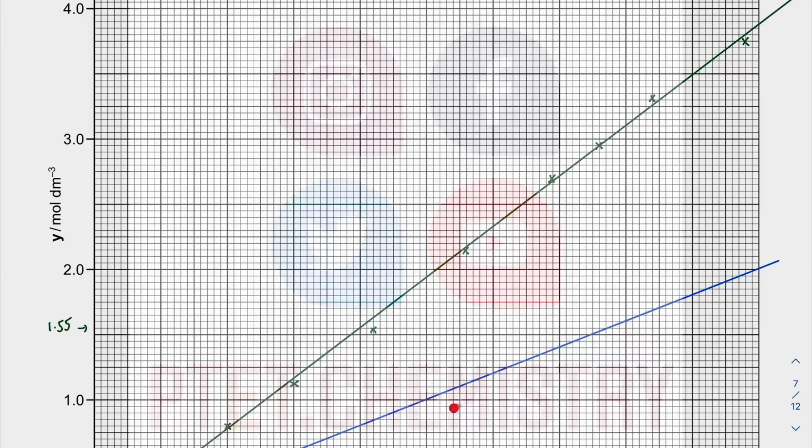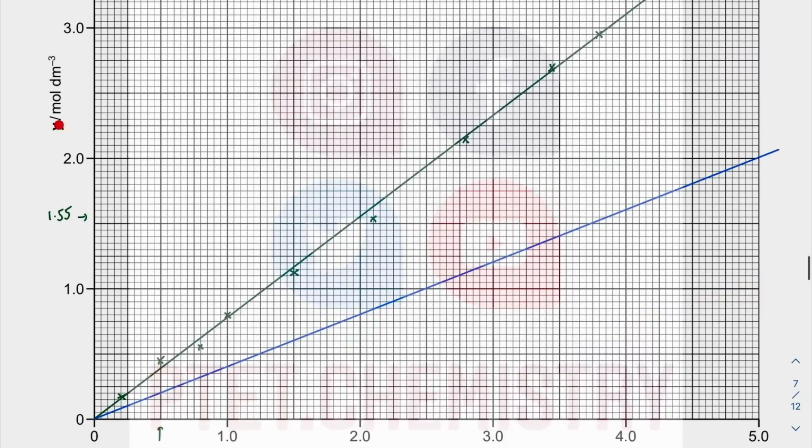This has a less steep gradient because the steepness of the slope is lesser, so you get less product compared to your reactants for that specific concentration of your reactant. You have less of the product as a result of Kc being smaller. So your Kc decreases as temperature increases, because your forward reaction is exothermic.